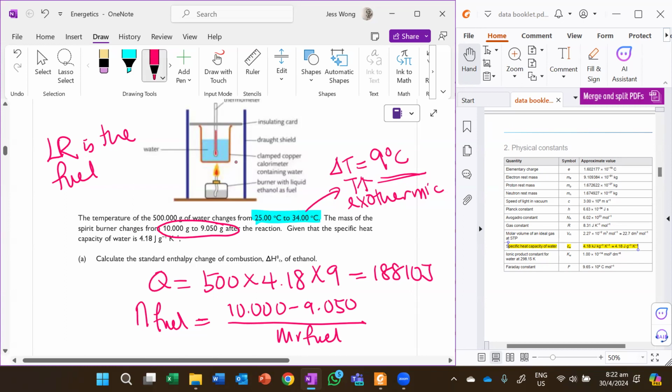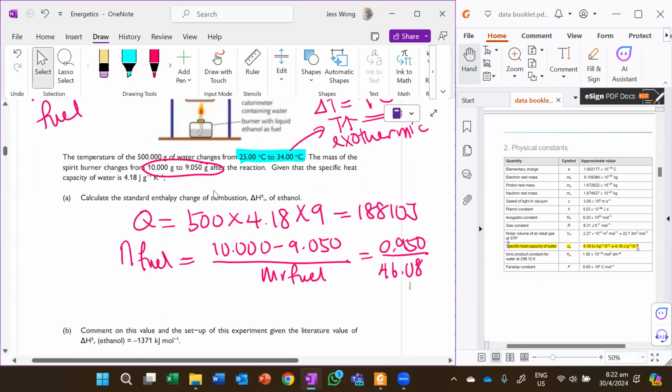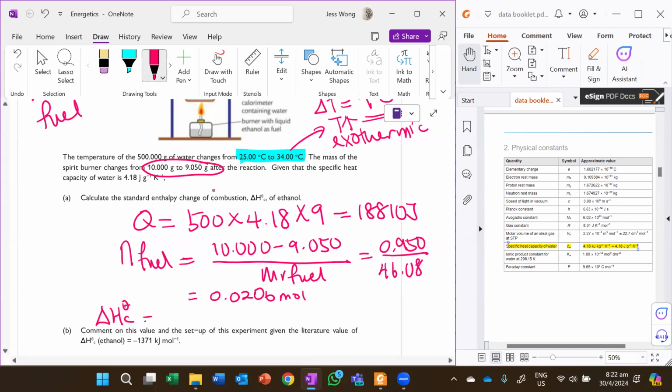So the mass loss will be 0.950 over the Mr of ethanol, which is about 46.08. So we find the moles of the fuel is about 0.0206 moles.